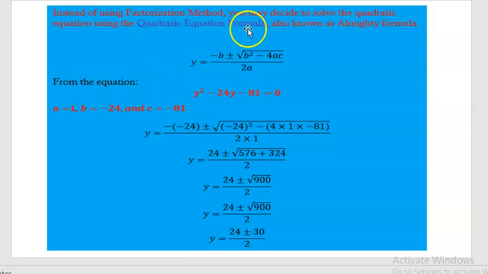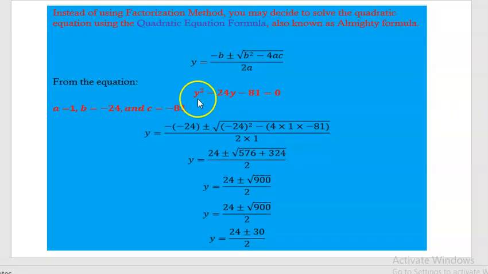So y equals minus b plus or minus root of b squared minus 4ac, over 2a. This place is plus or minus because we need two answers. So the square root of 4, for instance, is either plus 2 or minus 2, not just 2. That's why plus or minus is here.